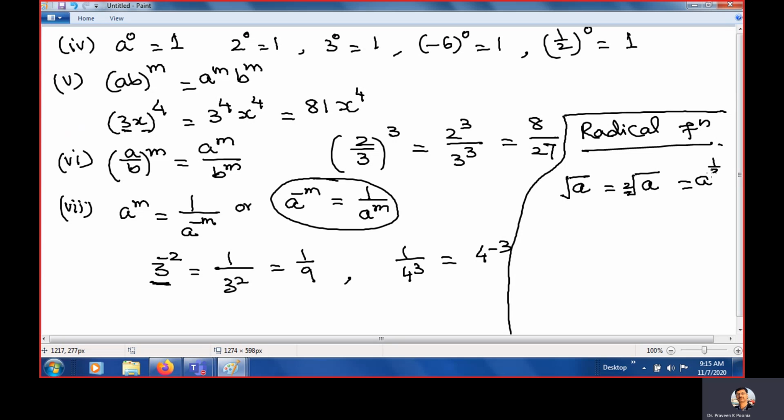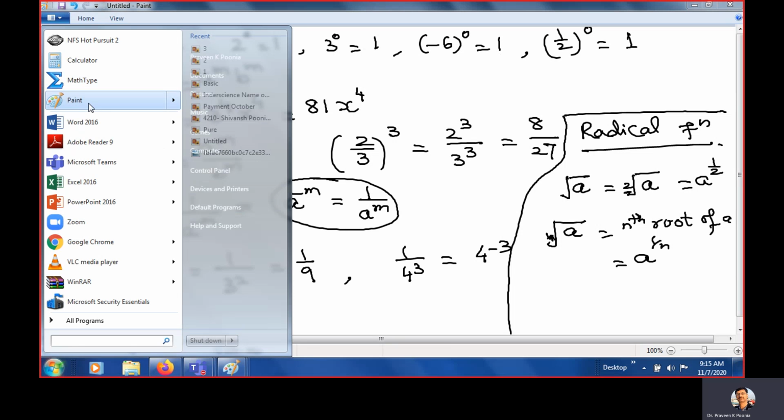So it is a power 1 upon 2. Remember this. And if I write the nth root of a, it means a power 1 upon n. So what is n? The order of the root. Nth root. So the order of the root is n.